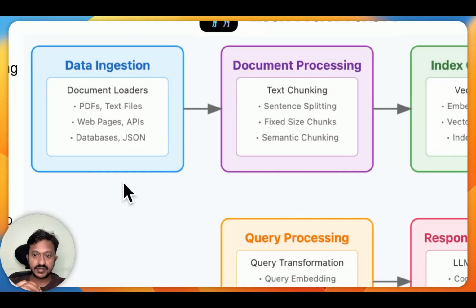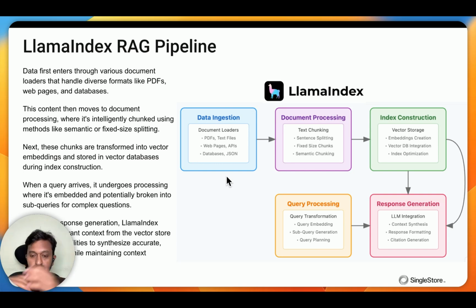In the LlamaIndex RAG pipeline, there is data ingestion, document processing, index construction, query processing, and response generation. We just saw how the RAG pipeline works. Data first enters through various document loaders that handle diverse formats. It can be PDFs, web pages, databases, different sources. This content then moves to document processing, where it's intelligently chunked. There are different chunking methods that you can use according to your use case, and then these chunks are transformed into vector embeddings, which the machine can understand.